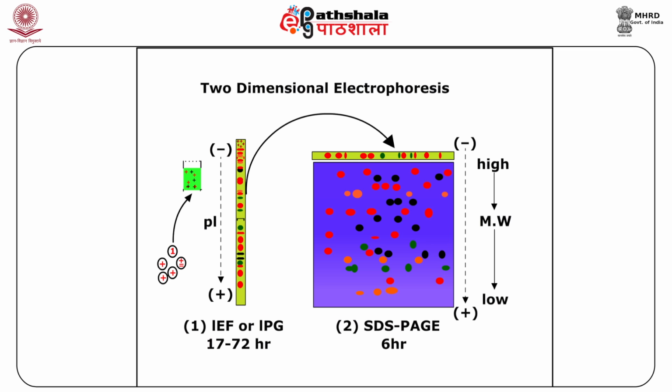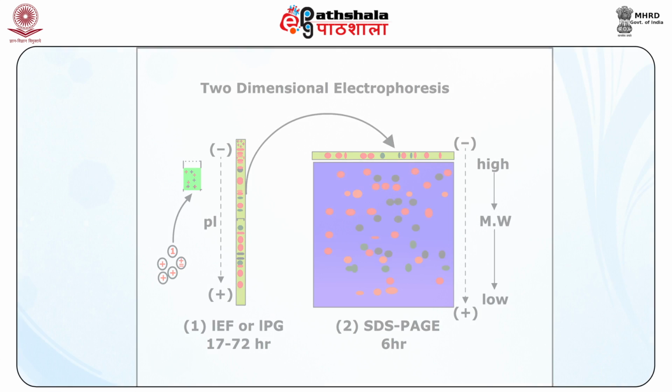The separating polypeptides come to rest where their respective isoelectric pH matches that of the ampholyte. In the second step, the capillary gel is placed over a second SDS-PAGE slab gel, and the polypeptides move in the second dimension based on their molecular weight.